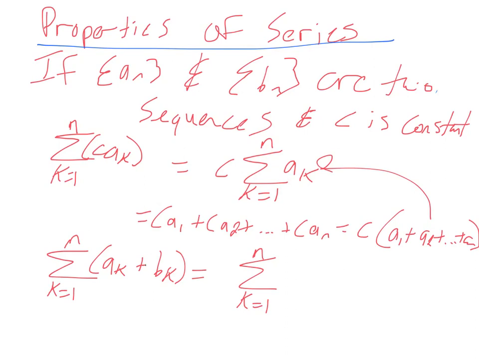What's the difference if I add each of the terms up and then add those all together versus just adding up the two sequences separately and then adding those together? It's addition, so we know that addition is commutative. It doesn't matter what order we do it in. Whether we add both of the sequences up separately and then add those together, or add each of the pairs of terms up together and then add it all up, you're just changing the order in how you add it. So you can break those apart easily.